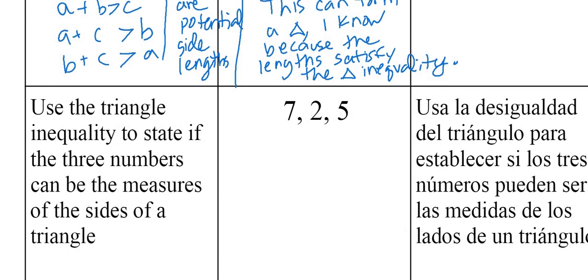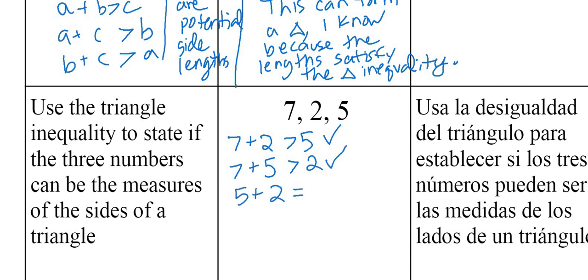Another set of side lengths. 7 plus 2 is indeed greater than 5, so we're off to a good start. 7 plus 5 is indeed greater than 2. Still doing well. 5 plus 2 equals 7. 7 is not greater than itself, so these cannot form a triangle.